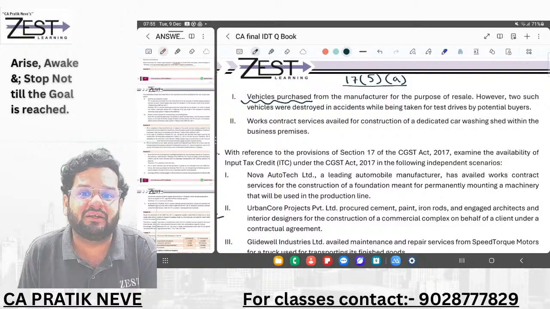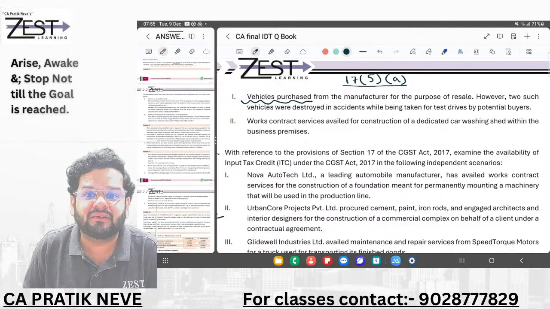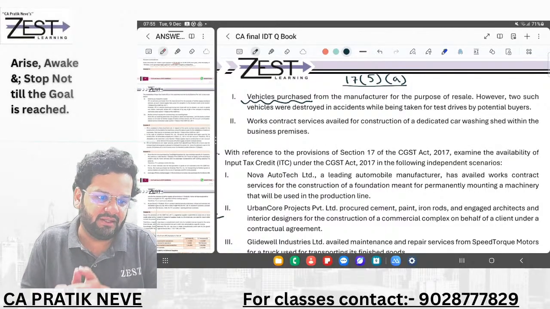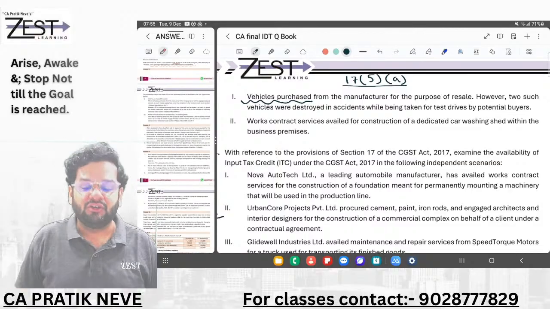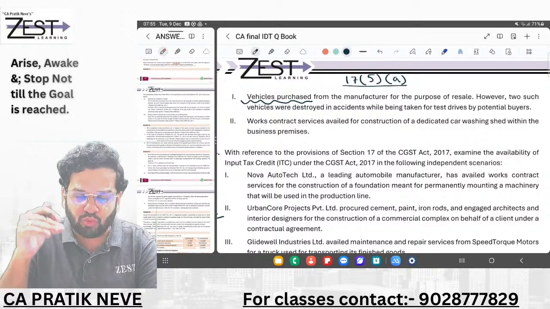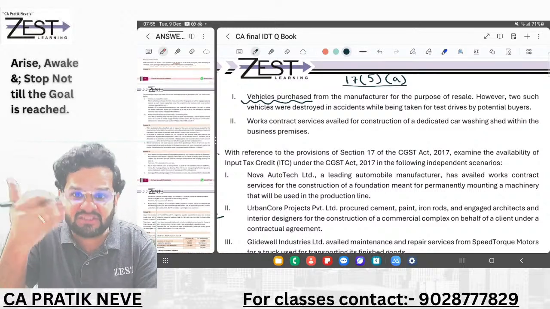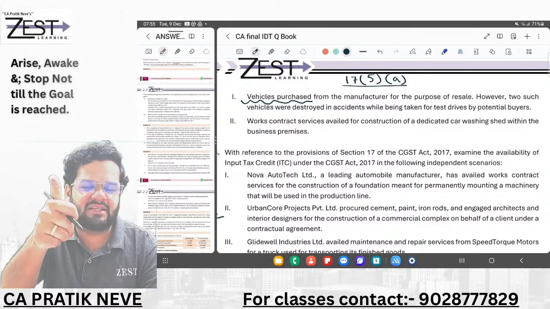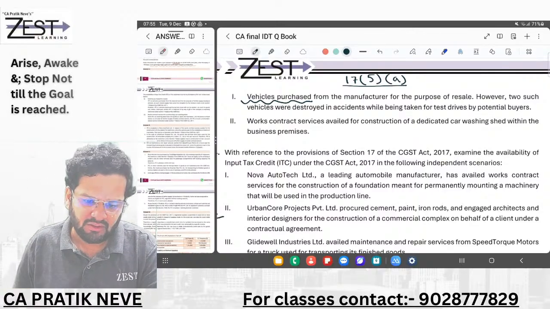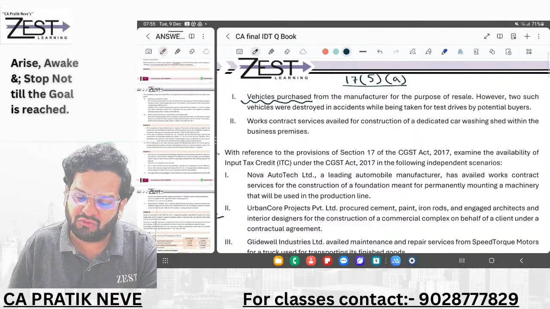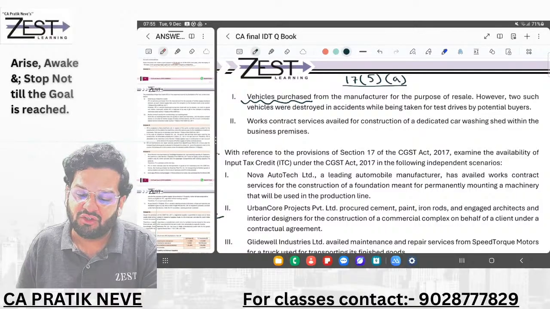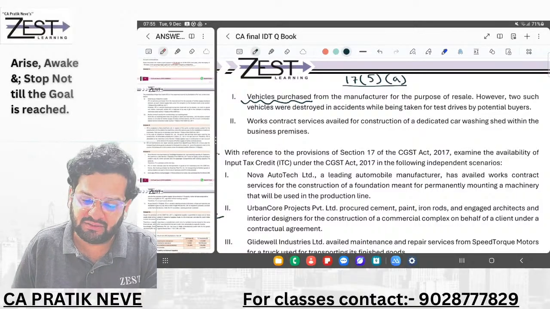You can't claim ITC, but there are exceptions. What is one of the important exceptions? If you are using such a motor car for further supply, then its ITC can be availed. So please go ahead and avail it. Vehicles purchased from the manufacturer for the purpose of resale, of course, you can avail the ITC.